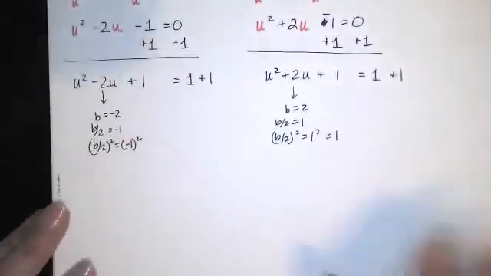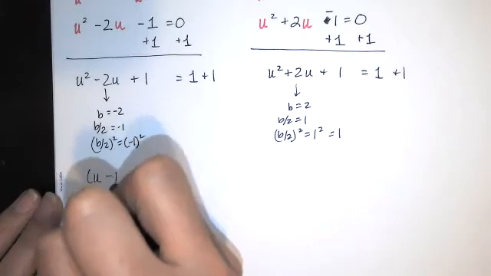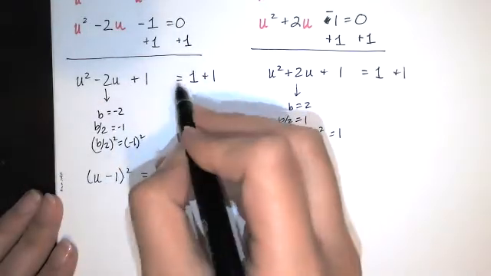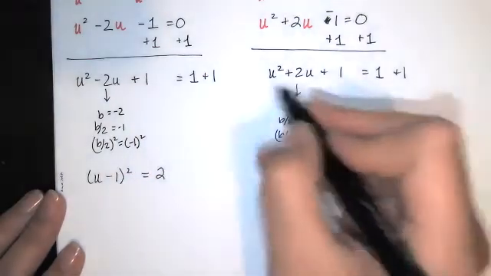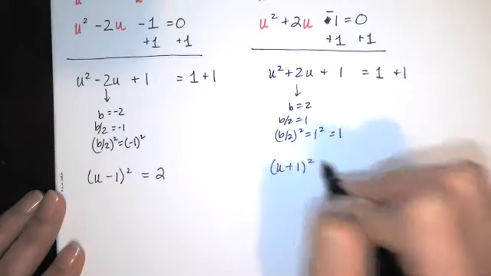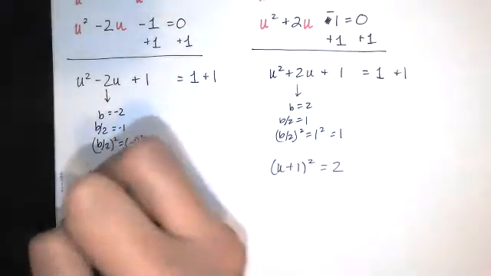Okay, so on this left-hand side here, I've got this expression, which can be written as u minus 1 squared equals 1 plus 1, and 1 plus 1 is, of course, 2. And this factors to u plus 1 squared, and 1 plus 1 is 2. And we're trying to get u by itself.